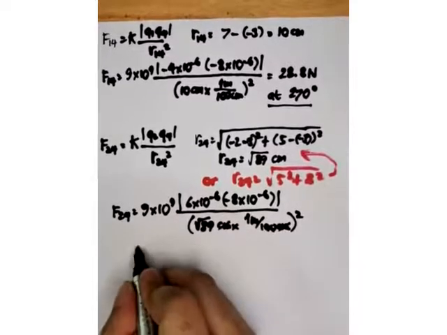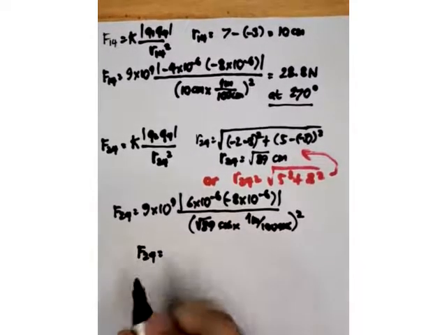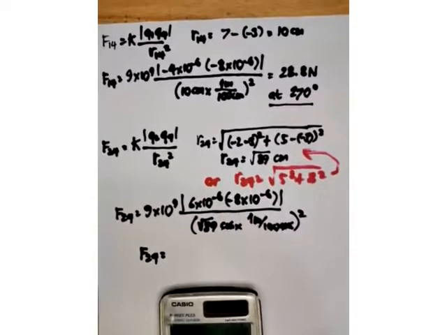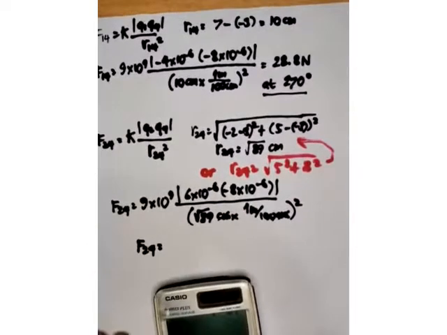Cancel natin yan. So F24 ay 9 times 6 to the negative 6 times 8 to the negative 6 divided by square root of 89 divided by 100 squared.